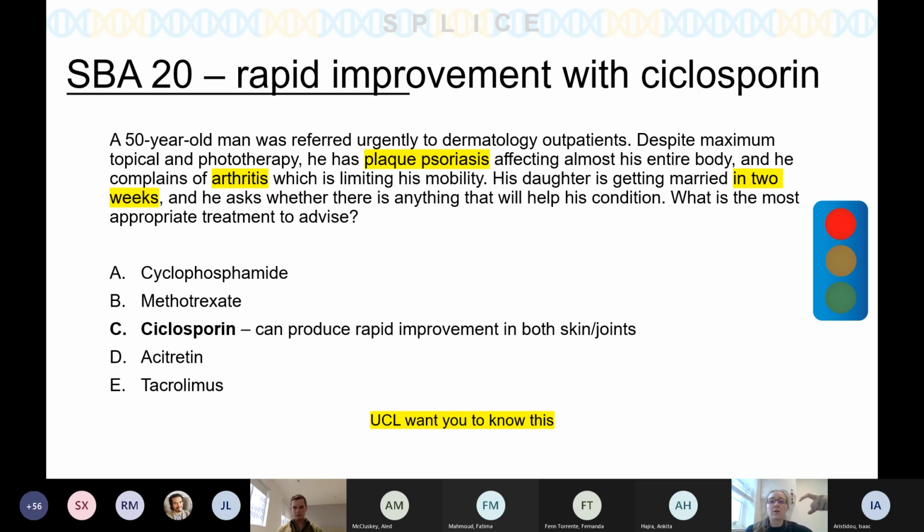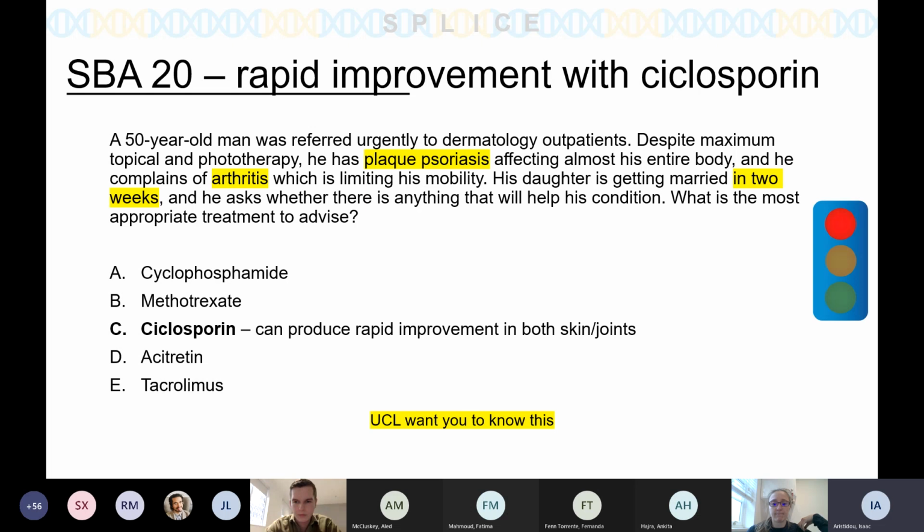If they're on it for longer than 3 to 6 months, it's got a high risk of side effects like kidney damage and hypertension. So it's used in specific cases when you need a quick response, youngerish patients. So here you've got a 50-year-old whose daughter's getting married in 2 weeks, so they're pushing you towards cyclosporin because they want something with a quick response that's going to be effective and act quickly. And that's why you choose that from those.